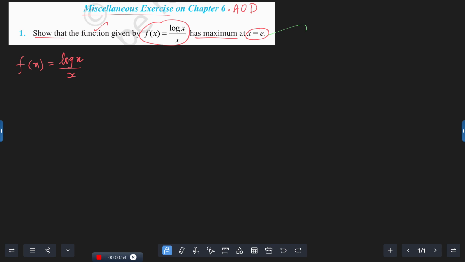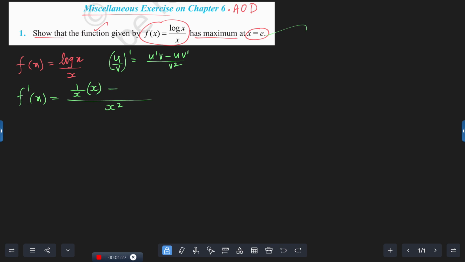First I am finding f dash of x, using the formula (u by v) dash, which is u dash v minus u v dash divided by v square. So x square in the denominator. In the numerator, u dash: differentiate log x, the derivative of log x is 1 by x, and v means x, you write as it is.